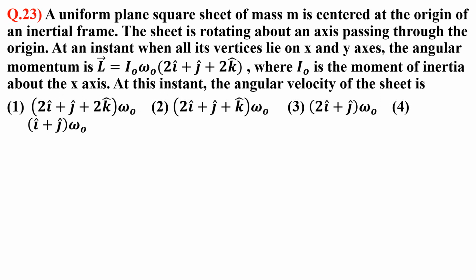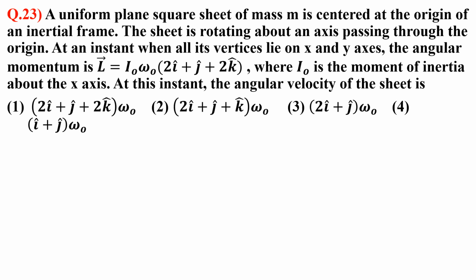Question 23. A uniform plane square sheet of mass m is centered at the origin of an inertial frame. The sheet is rotating about an axis passing through the origin. At an instant when all its vertices lie on the x and y axes, the angular momentum is L vector equals I naught omega naught (2 i cap plus j cap plus 2 k cap), where I naught is the moment of inertia about the x-axis.